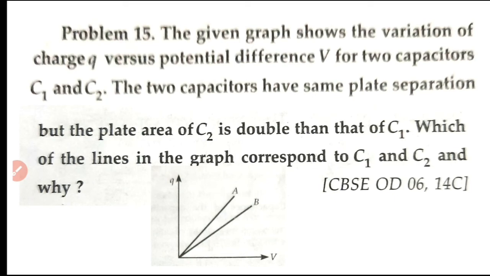Which of the two lines in the graph correspond to C1 and C2, and why? Okay, so it's given that plate separation is same, but plate area of C2 is double than that of C1. Which one corresponds to C1 and C2?